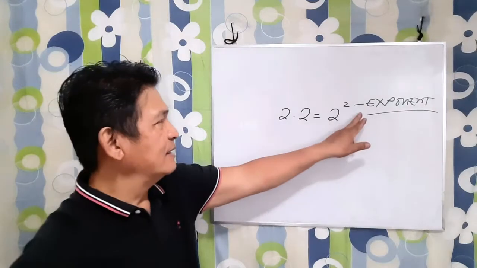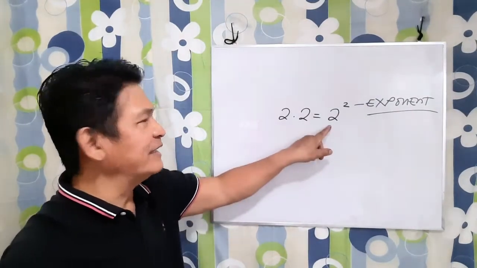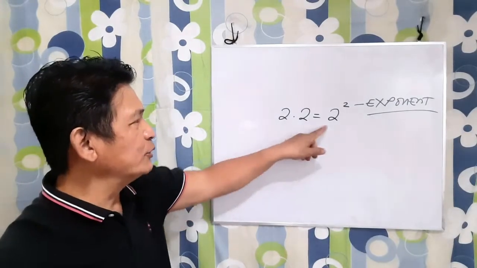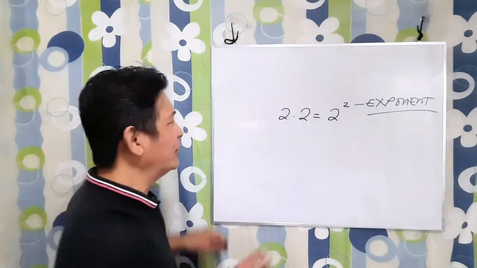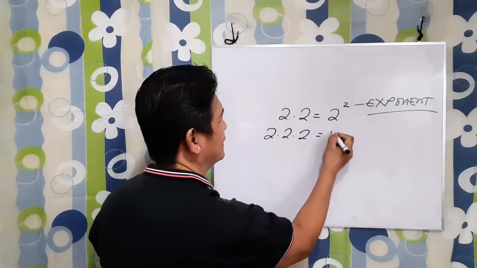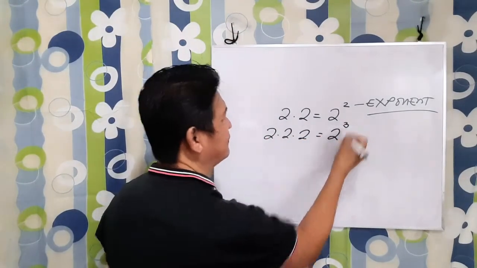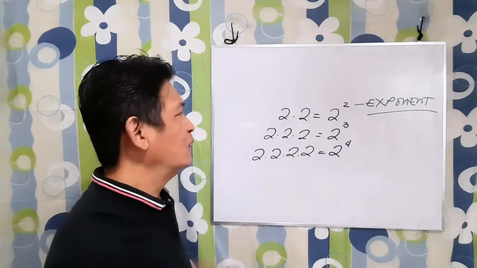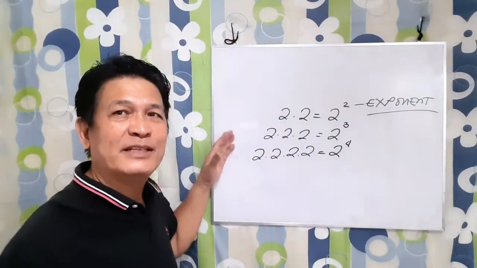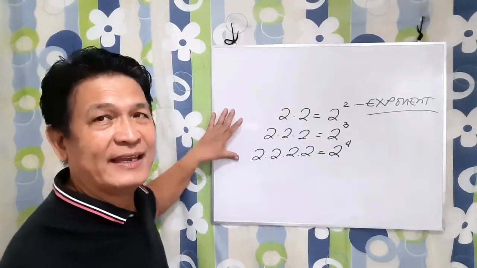Your exponent tells you how many times the number is multiplied by itself. So 2 times 2 is 2 squared, or 2 times 2 times 2 is 2 multiplied by itself 3 times.